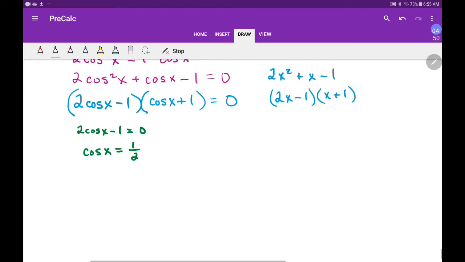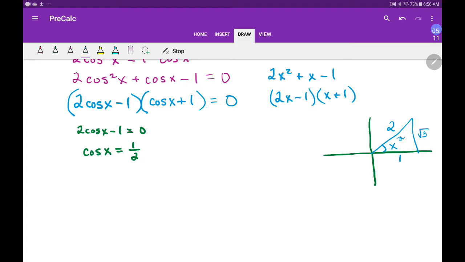What gives me that? Well, let's see. I'll come over here and I'll say half. How about this? We'll say 1 over 2 for cosine of x, which means this over here is the square root of 3, and it must be pi over 3, right?